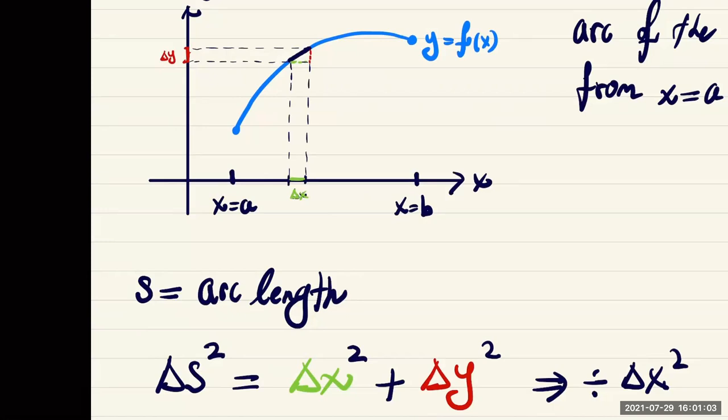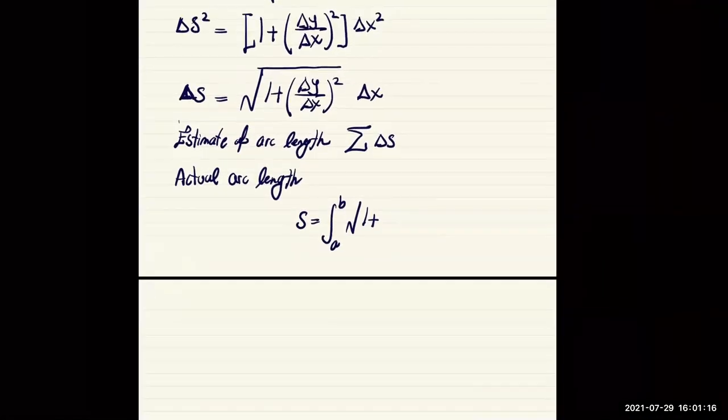We call a really small delta x, dx. dx is the infinitesimal version of delta x. So instead of writing delta y over delta x, we write dy over dx squared. And this delta x out here becomes also a dx. So this equation gives you arc length. This formula right here is the arc length formula.